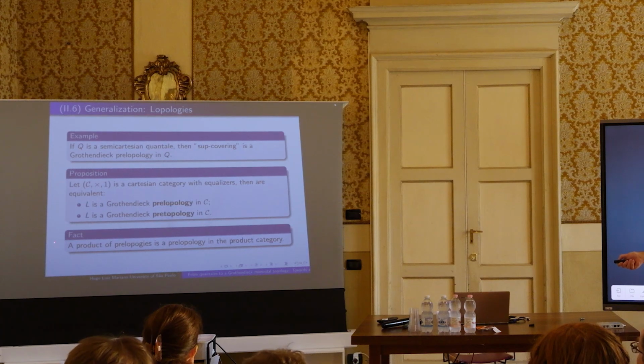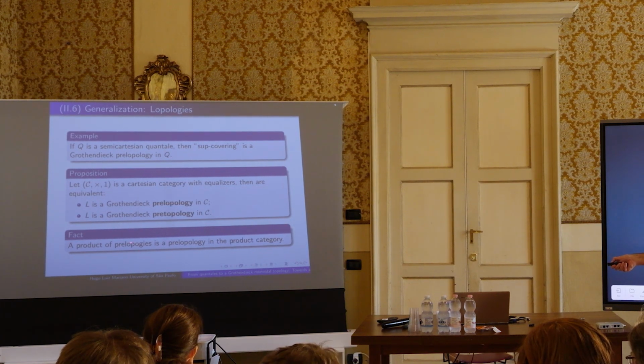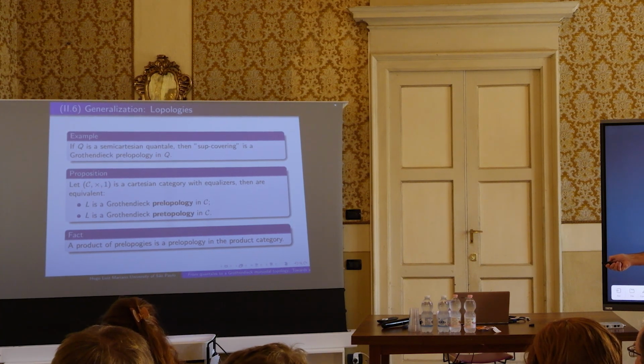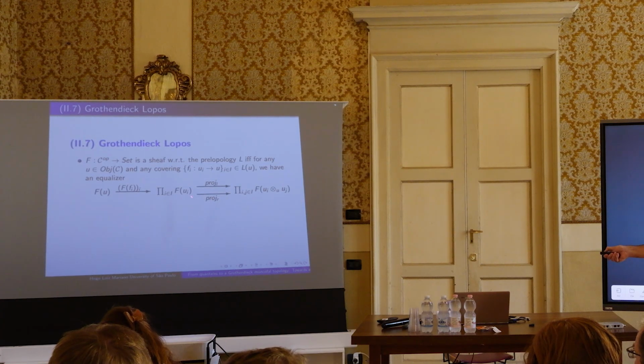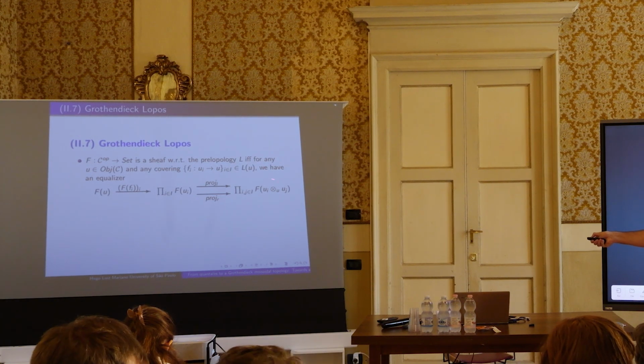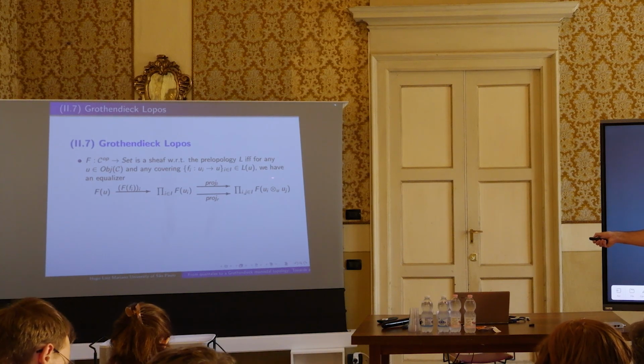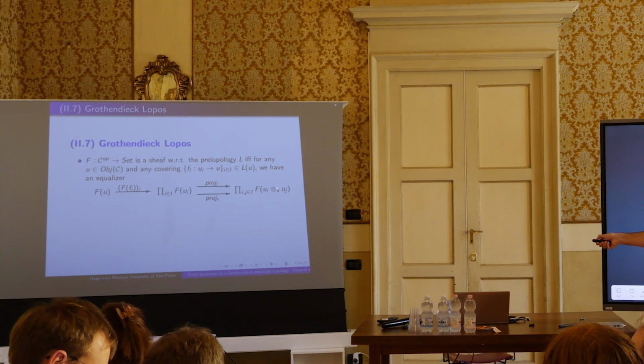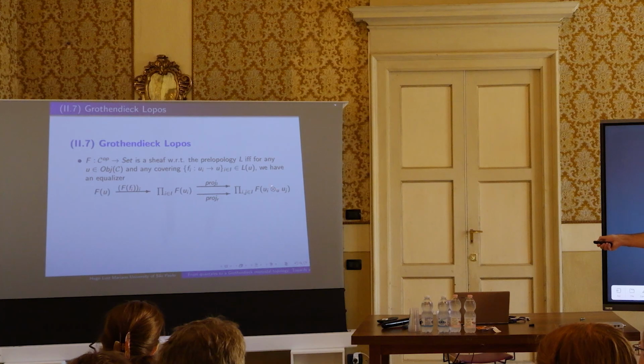And we can mix these two strategies, produce a product of pre-topologies, and a product category is still a pre-topology. And the notion of sheaves is the same idea, but we replace the pullback by the pseudo-pullback.